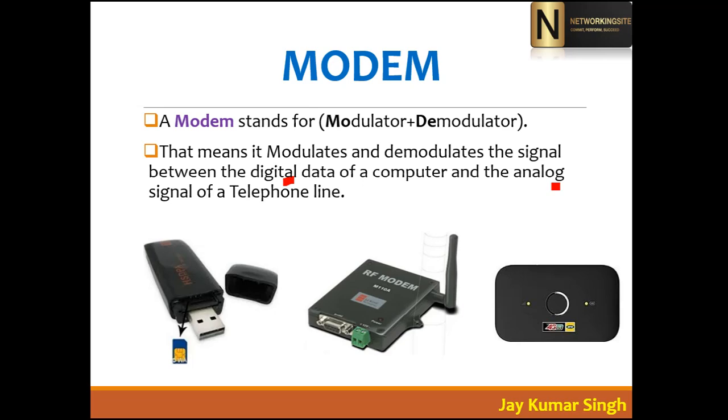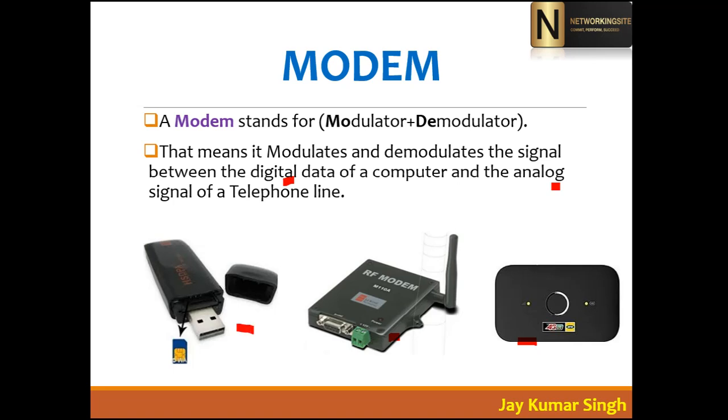If I'm talking about my phone, inside my phone everything is digital, but when my phone is sending data in the air, that data is traveling in the form of analog. It is not traveling as digital. So who is converting these types of signals?